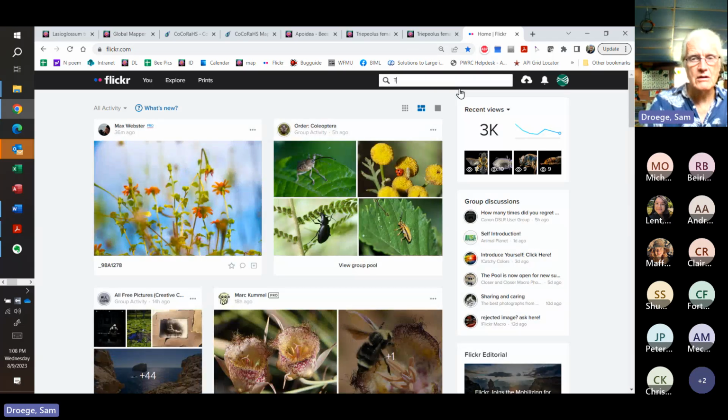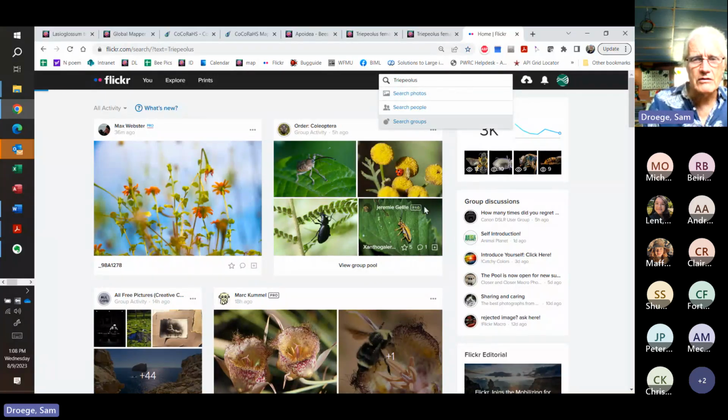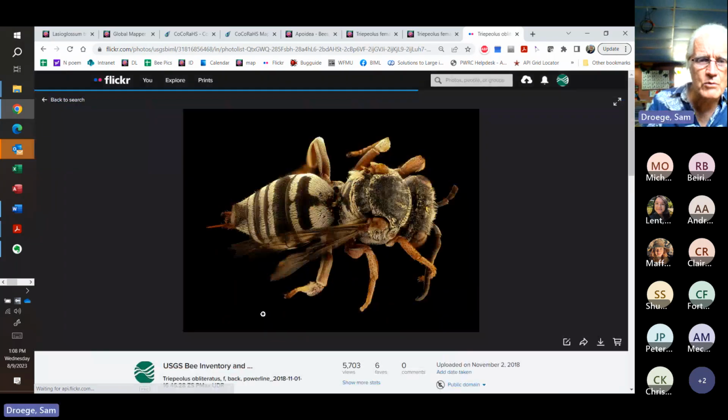So let me just pull up our pictures. Pictures are often better than using the microscope, simply because they have more detail.